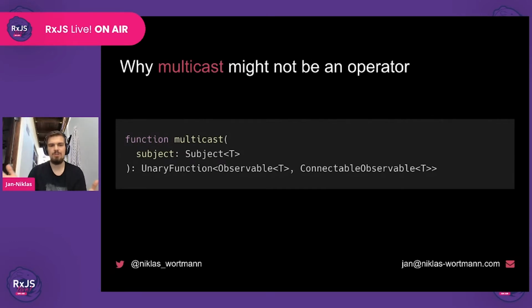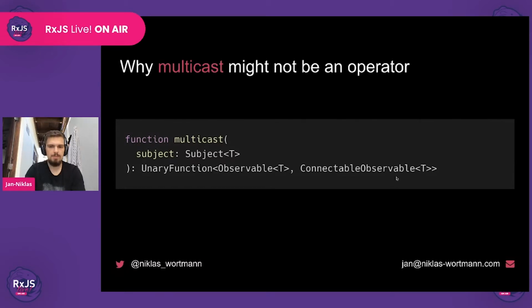Dominic in his talk mentioned multicasting, and also in Lemmy's talk, multicasting was a big topic. And within RxJS, at least as of right now, we have a multicast operator, and this is a little bit tricky. We have several type signatures for multicast, and one of them returns a connectable observable.